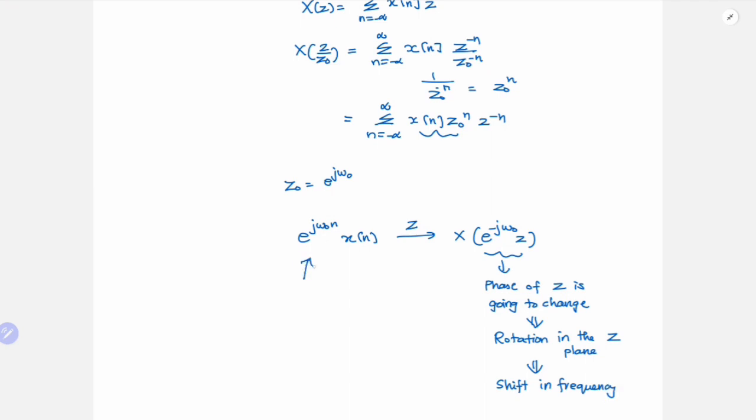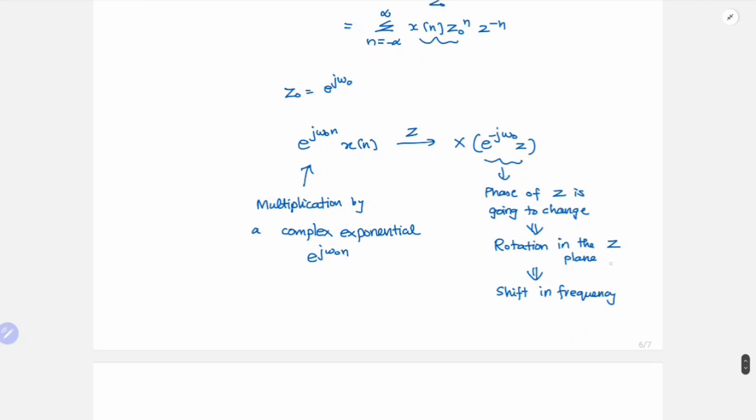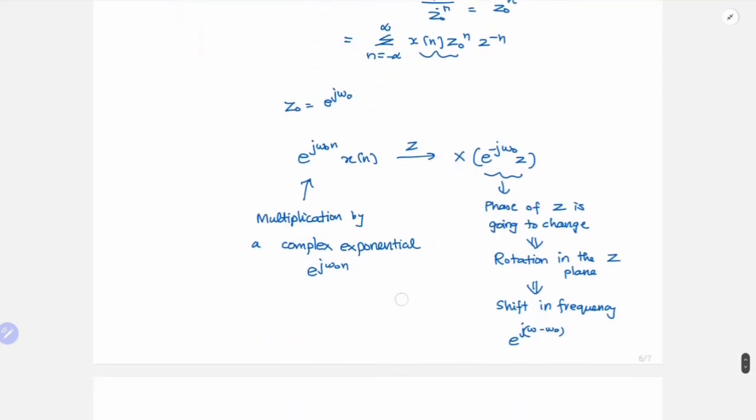So multiplication by a complex exponential of the form e power j omega naught n will cause a shift in frequency domain. It will cause a rotation in the z plane or a shift in frequency, because rotation in z plane is nothing but e power j omega minus omega naught, something like this, right? So it is like a shift in the frequency component omega. So this will be our third property.